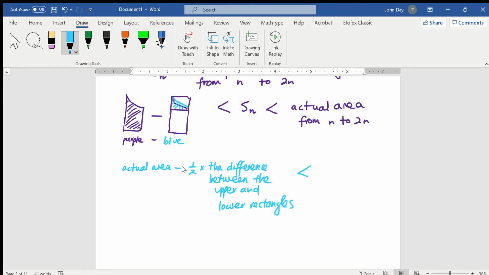That's less than Sn, which is less than the actual area.